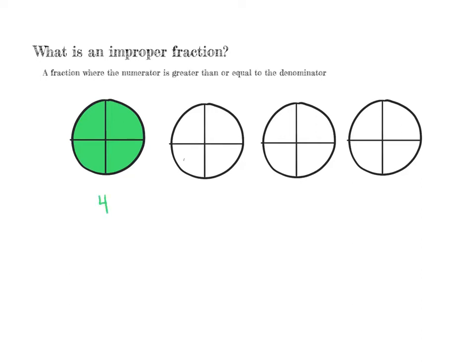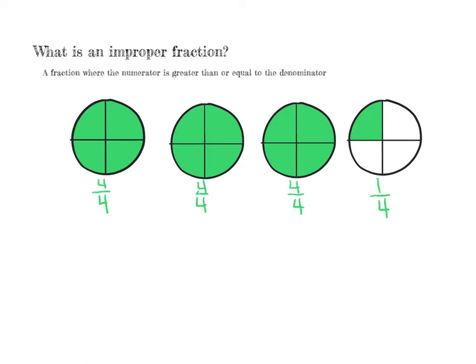And so let's say we are going to represent, I'm going to shade in here and here, just like that. Okay, so there are 4 pieces in each pie, and each pie is shaded. This one is shaded 4 times, and this one is 4 times, and this one is 4 times, and this is 1/4.